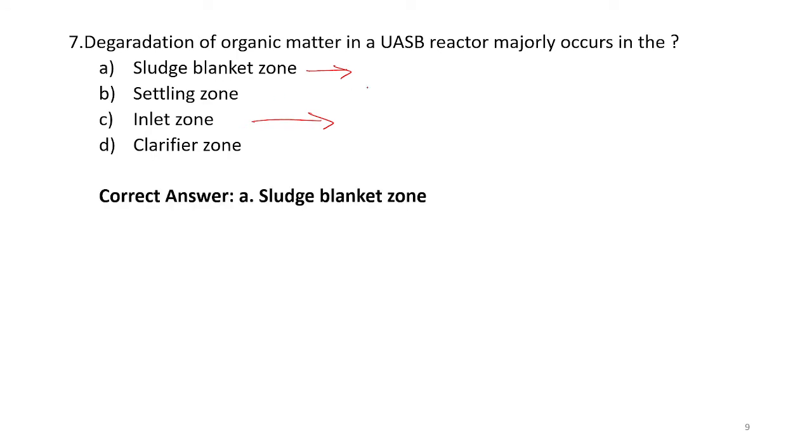Sludge blanket zone. You would have learned in the lecture video what the different zones in a USB reactor are. In a USB reactor, there will be an inlet zone. Then there will be a zone where the sludge blanket is present, where most of the reaction is happening, or where the degradation of organic matter is taking place. That zone is known as the sludge blanket zone.